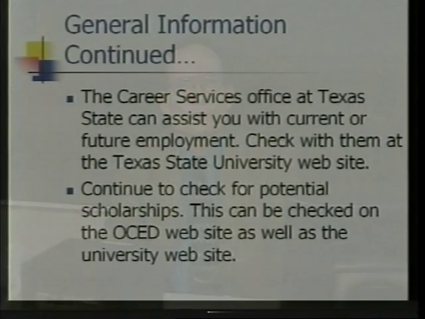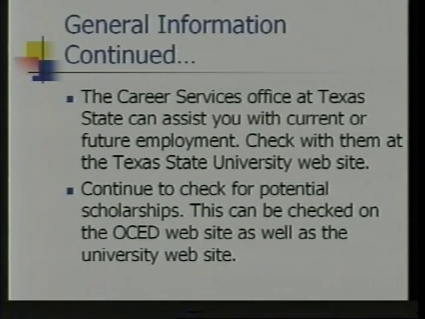I want to tell you something else that's important at this point. While you're considering a future with Texas State and while you're looking at later on, I want to tell you about the career services here at Texas State. We have career services. They can help you with current or future employment. You can check with them at the Texas State University website. Look under that information and see what career services has for you.